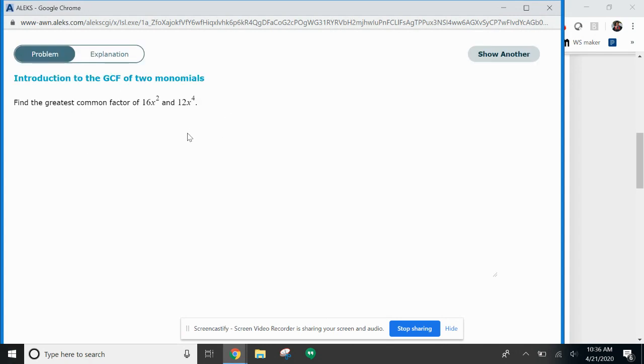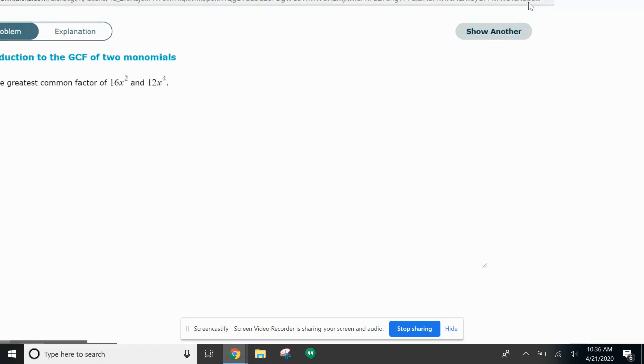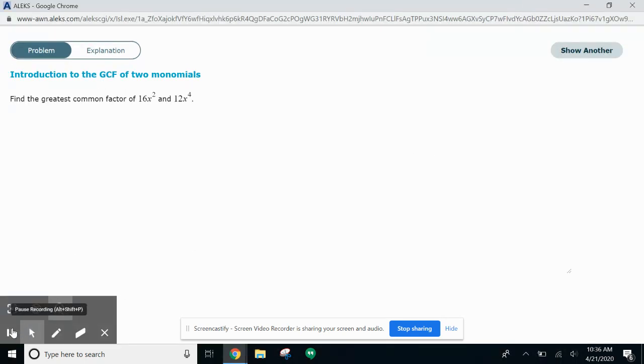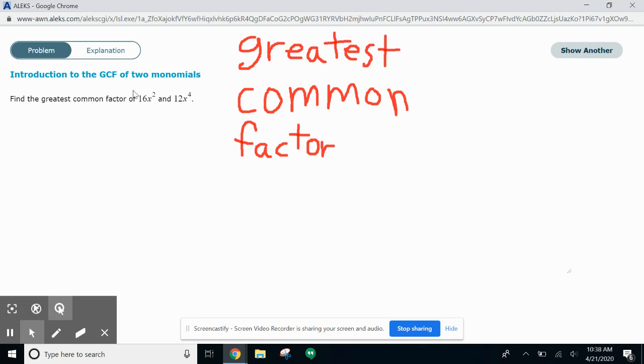So today what we want to do in this class is talk about factoring, and GCF is greatest common factor. With greatest common factor, factors are the different terms that you can multiply with to get your answer.